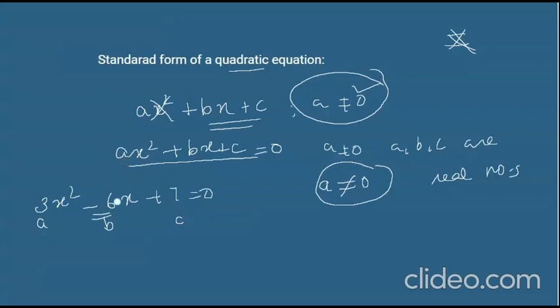Do not say just 6, it is negative 6. So always state the coefficients. What is a? The coefficient of x square. What is b? The coefficient of x. And what is c? The constant term. In this question, the coefficient of x is negative 6. Clear? So let us take another example.